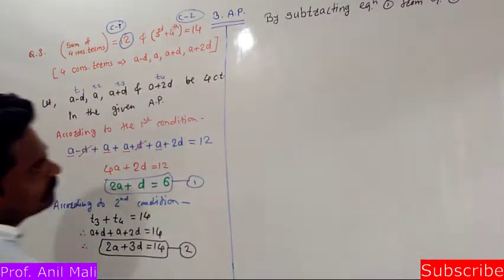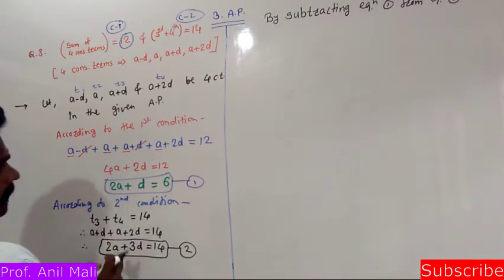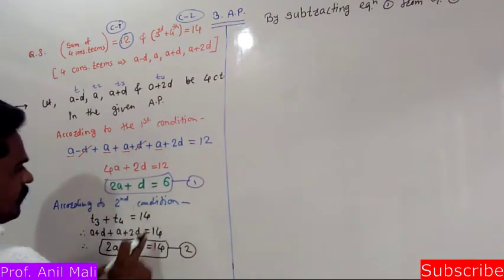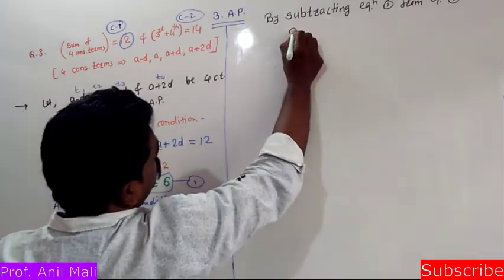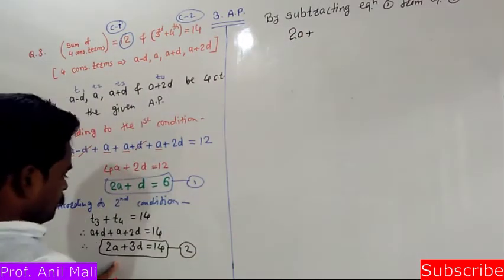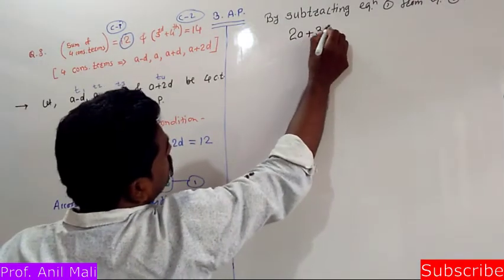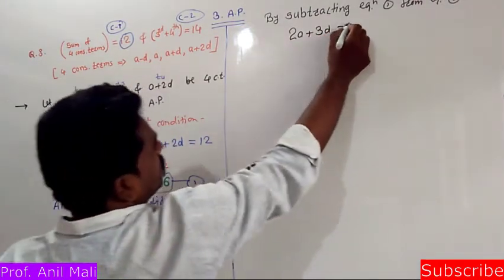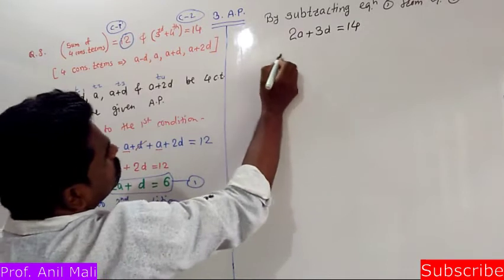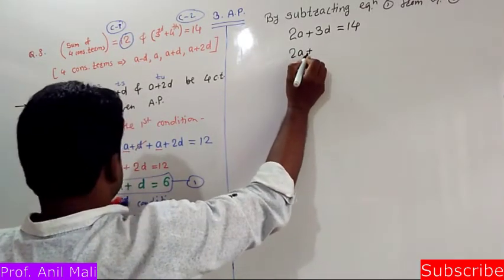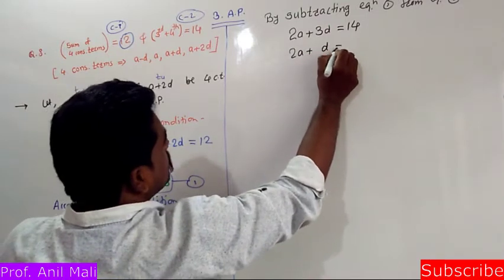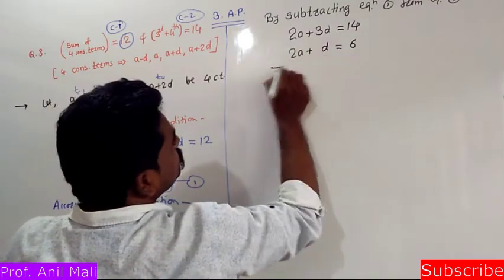So what do we get there? See, subtracting equation 1 from equation 2. First write equation 2: 2A plus 3D is equal to 14. Then equation number 1: 2A plus D is equal to 6.